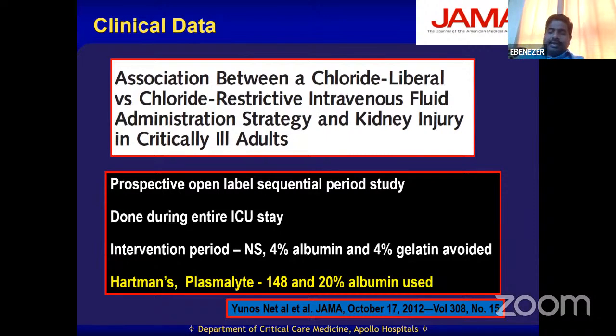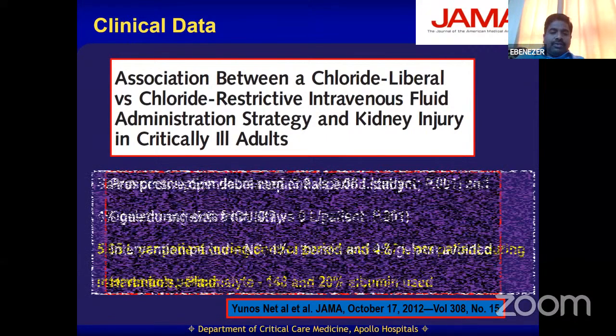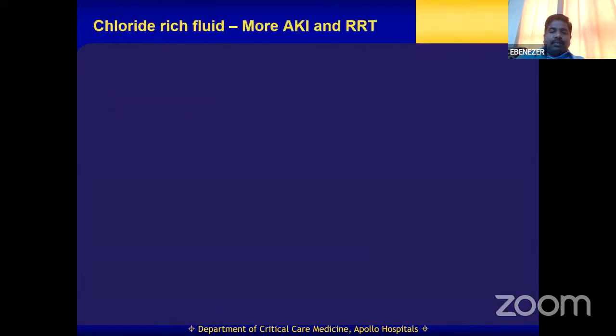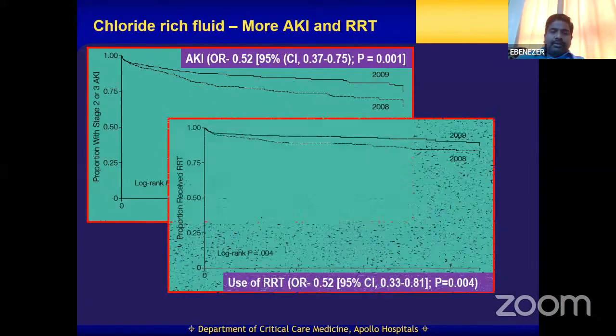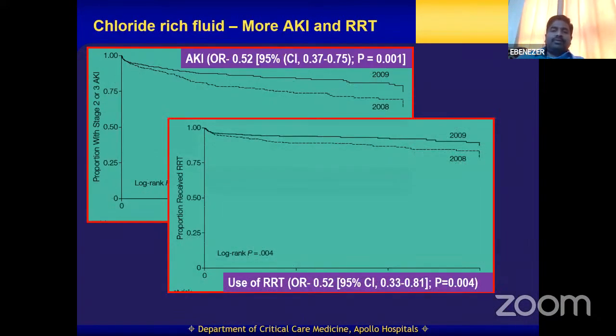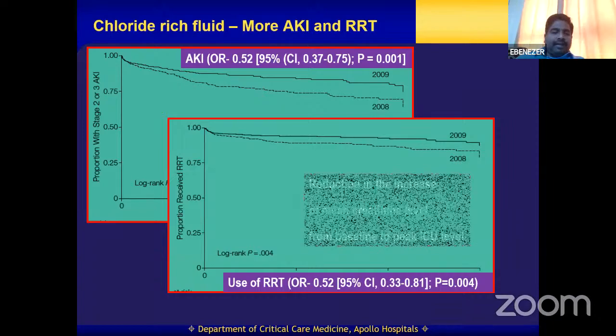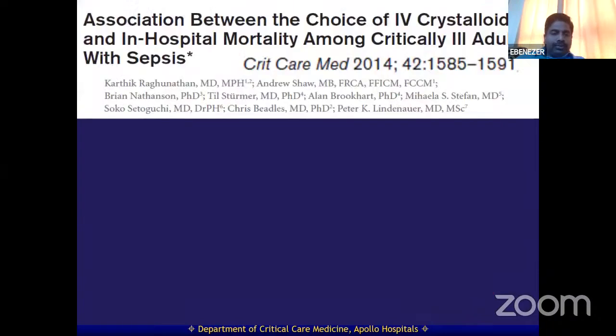But the present guideline is very, very clear. Balanced salt solution is the answer. So you have to use a balanced salt solution, and a chloride-restrictive fluid strategy will be the ideal way to go about it. This you should also understand.